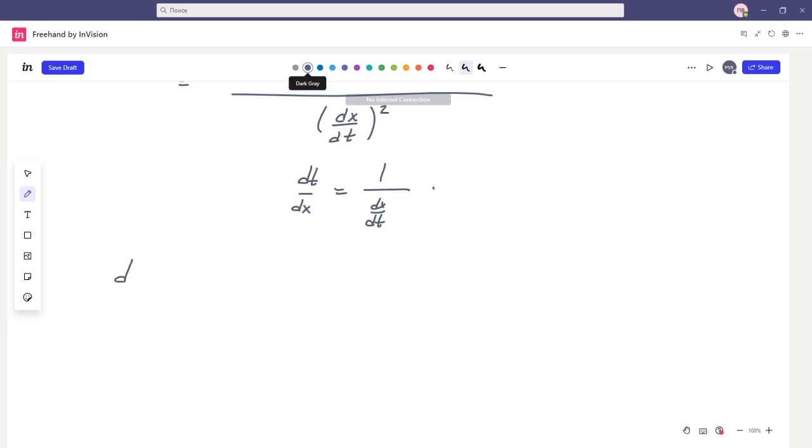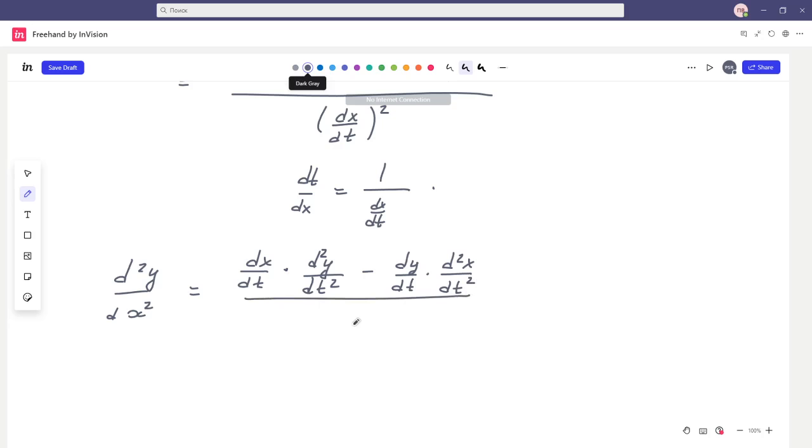the second derivative of y with respect to x equals dx over dt times the second derivative of y with respect to t minus dy over dt times the second derivative of x with respect to t over dx over dt cubed.